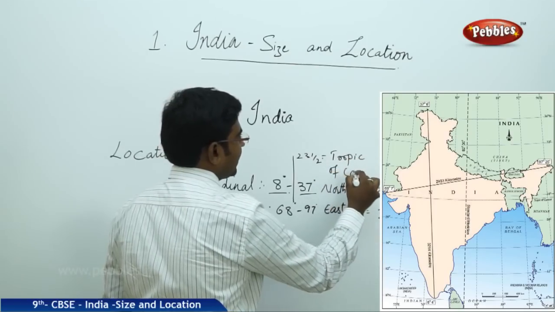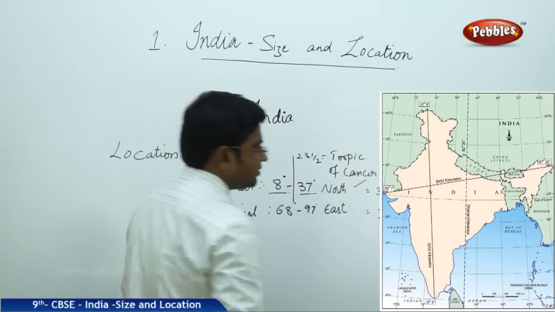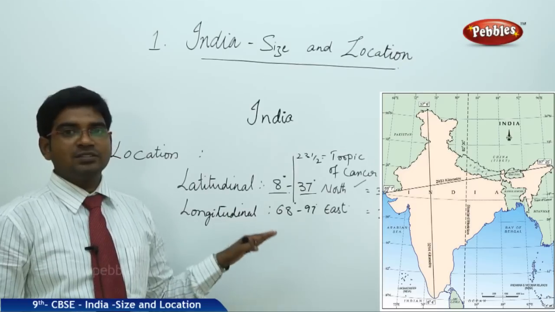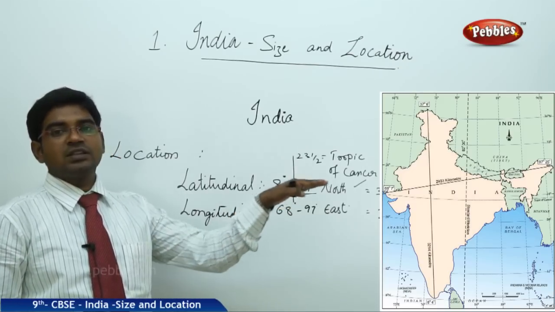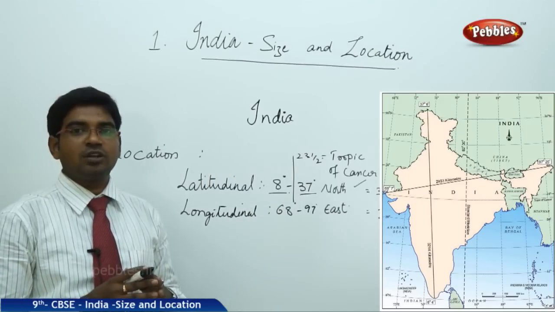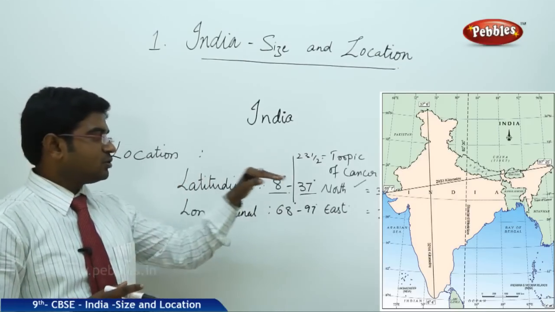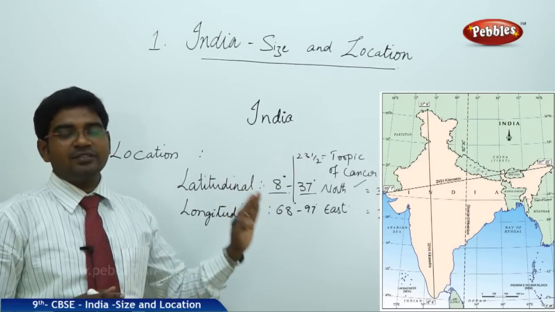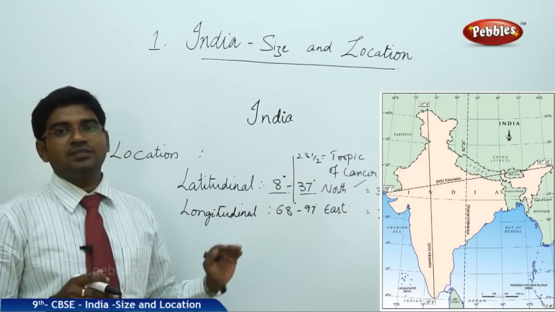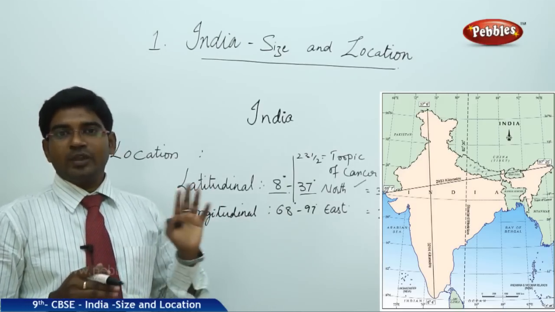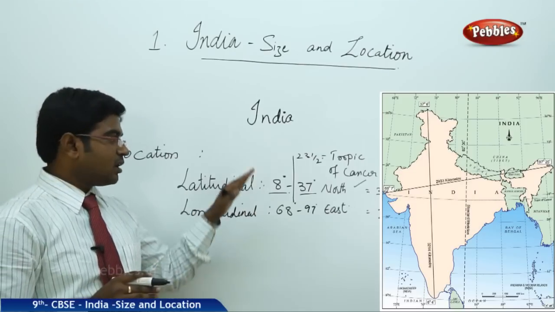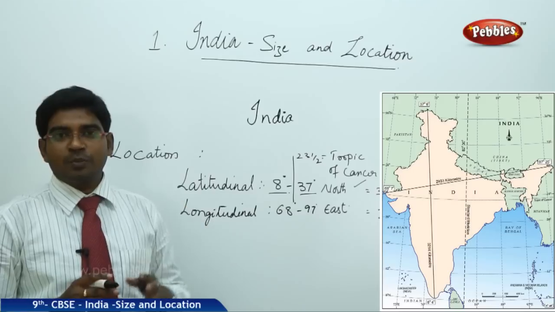The Tropic of Cancer divides India equally into two halves, as it passes through Gujarat, Madhya Pradesh and other states like West Bengal, and passes on to the northeastern states. Just as the equator divides the entire world into two equal hemispheres, in a similar way, India has been divided by the Tropic of Cancer into two parts.